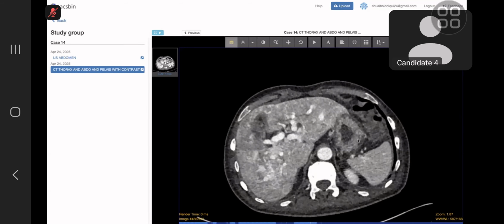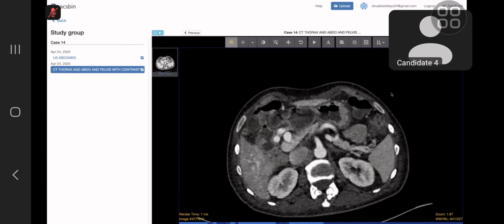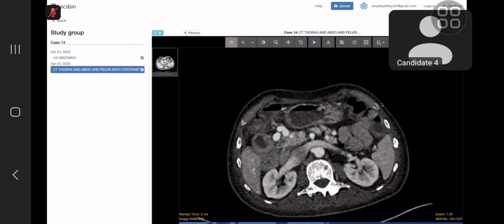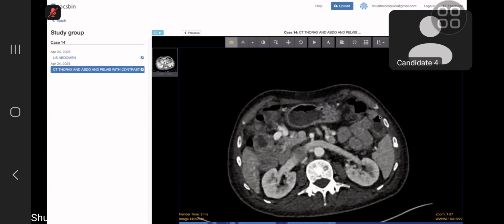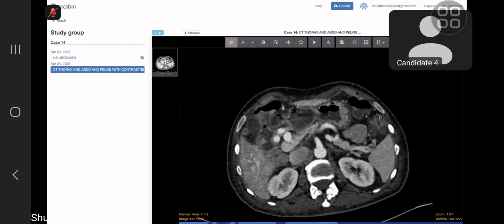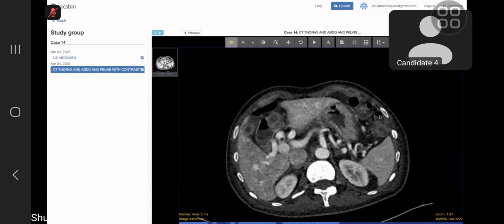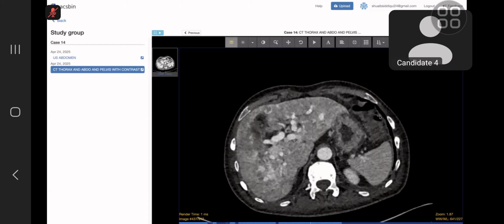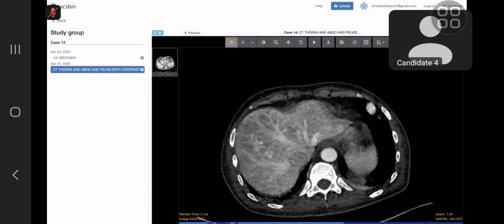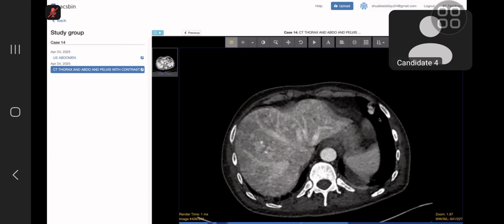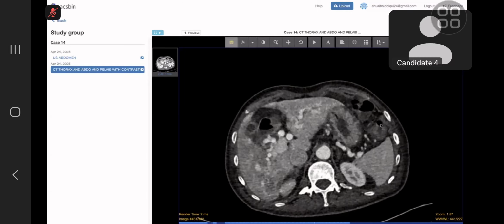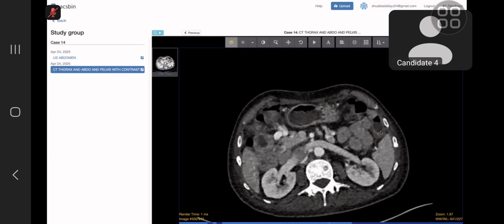The liver shows evidence of multiple tortuous and dilated vascular channels. The hepatic artery appears dilated, the common hepatic artery. The hepatic veins appear normal.